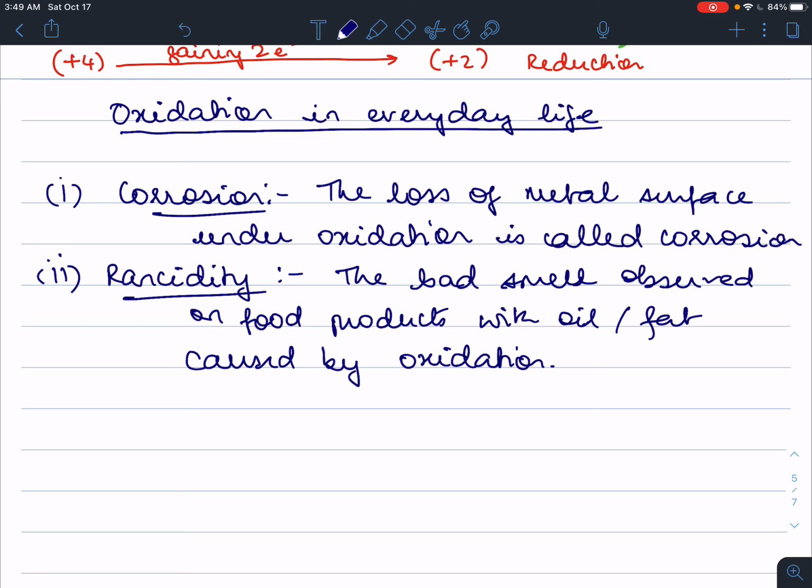You might have noticed that when you buy a packet of chips, say Lay's or something, it comes with a lot of gas in the packet. That gas is nitrogen, because if you fill it with air, there is oxygen and rancidity can happen. So preventing rancidity is done by removing oxygen from the immediate environment of your food. That is why your Lay's has all that gas.